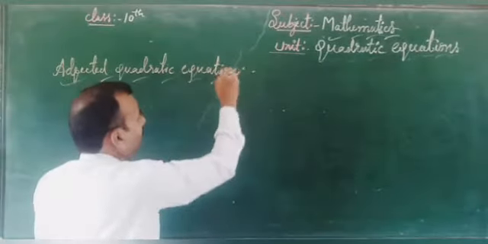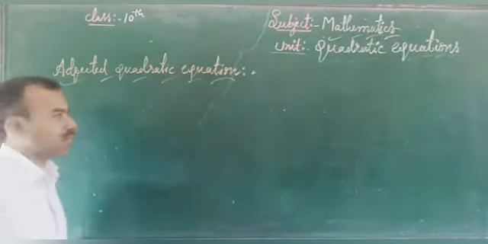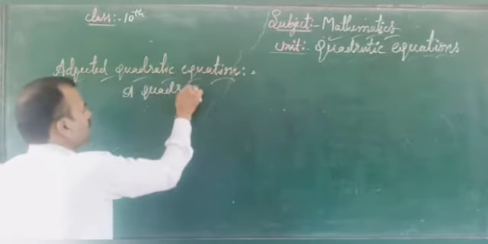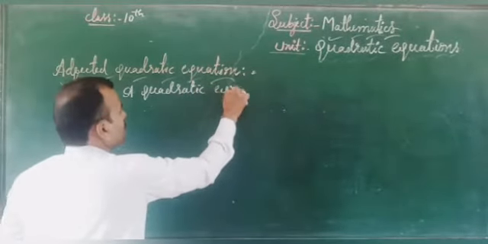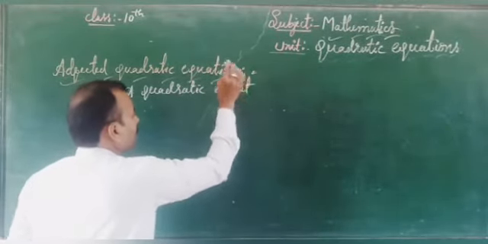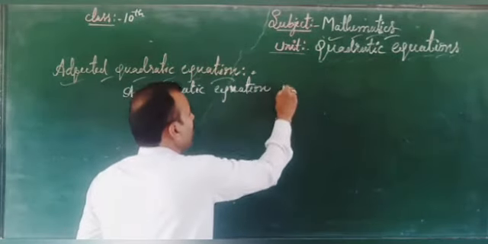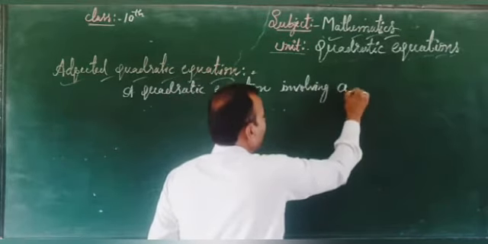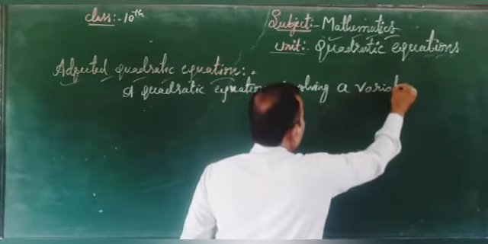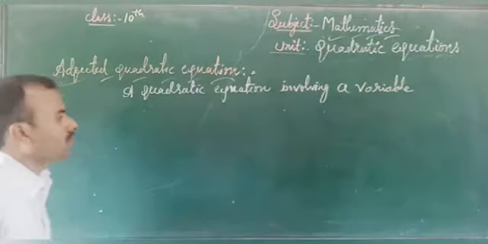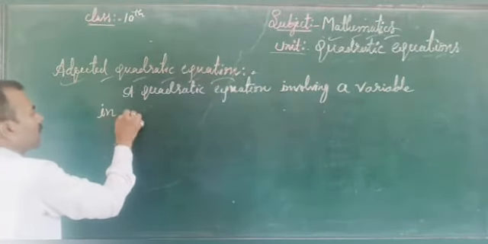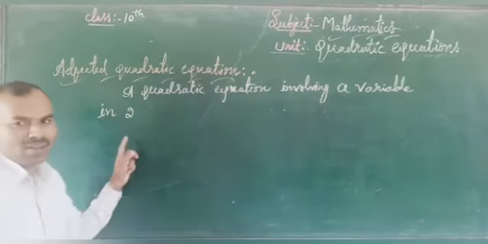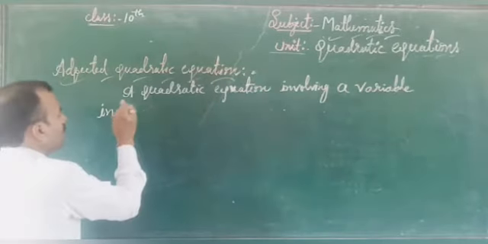Write the heading: unaffected quadratic equation. A quadratic equation involving a variable in second degree, or either you write in number or in words. Now I write in words.